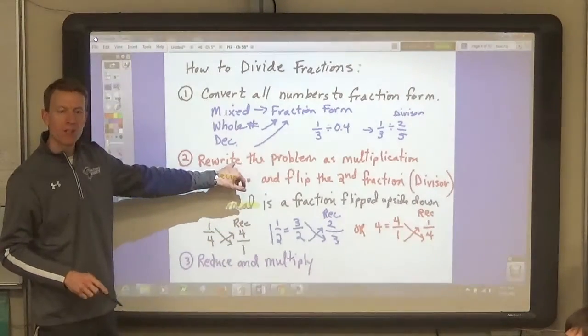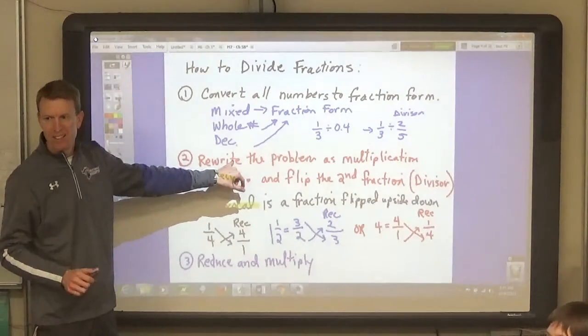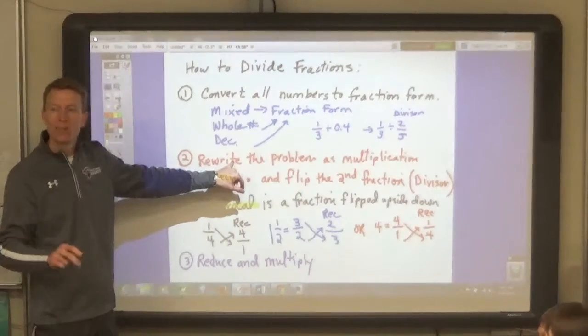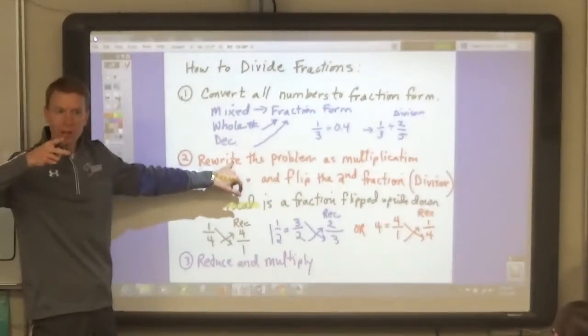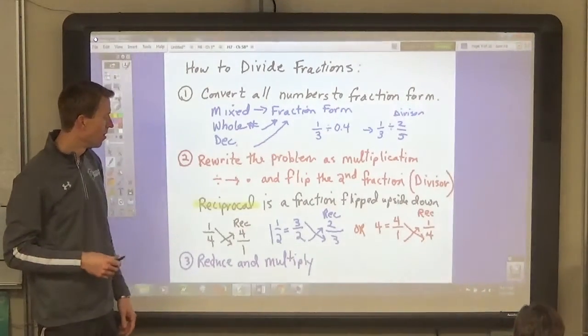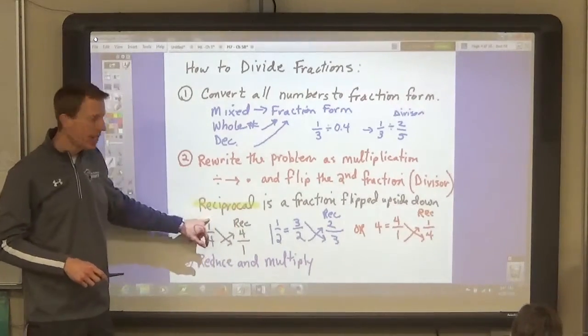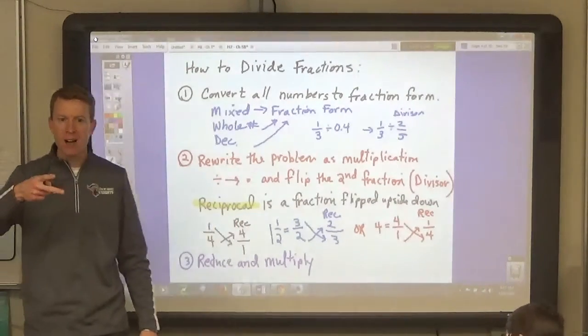Use the reciprocal of the second number. You use the reciprocal of the second number, so you flip it, and then change the division to multiplication. Alright? So, remember, a reciprocal is the fraction flipped upside down.